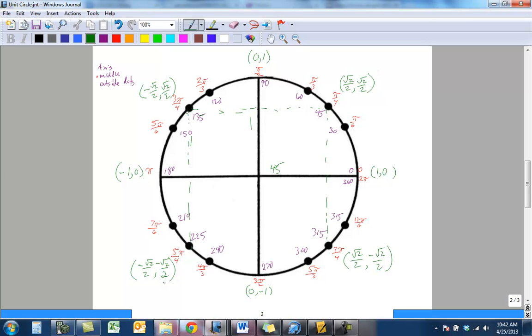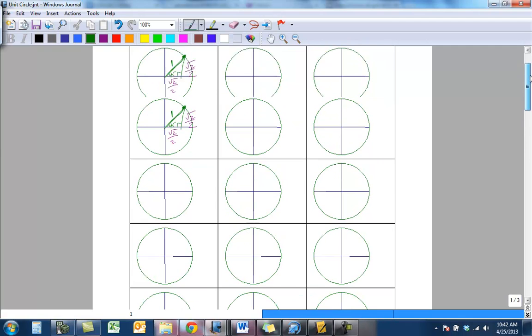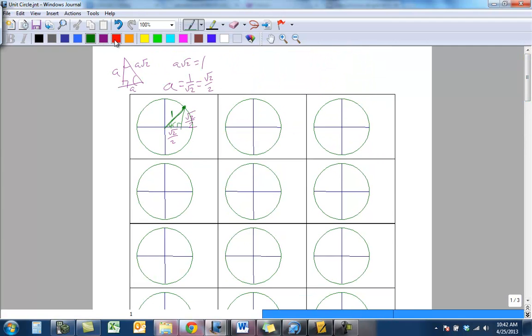All right, which brings us to the 30s. If I was to draw this guy, this is 30. Let's go back to one of our teeny tiny triangles. If I'm talking about a 30 degree drop in altitude, if you recall from a 30, 60, 90, this is A root 3, and the hypotenuse is 2A.